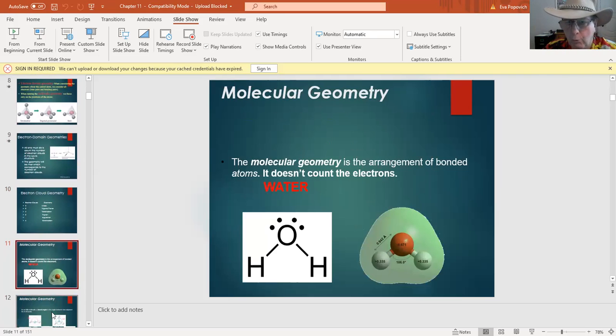Now, what we have to realize is if we're using real scientific instrumentation, we can't see the electrons. And because we can't see the electrons, we have to derive certain properties based upon the overall molecular shape, that is, the shape of the atoms within the molecule. So, Jasmina, how many electron clouds around this? 4.